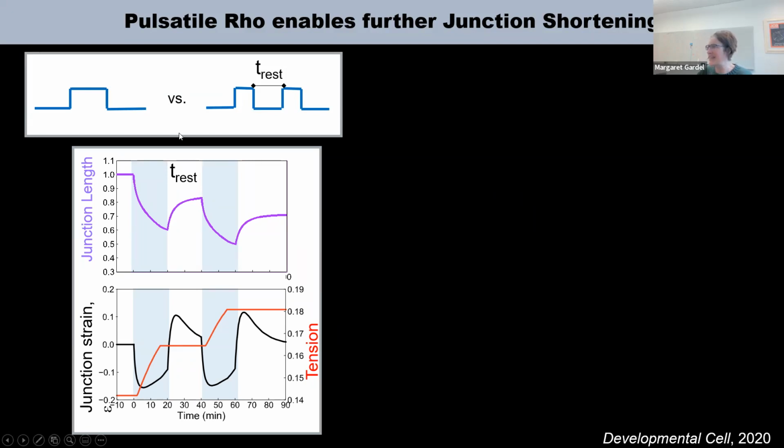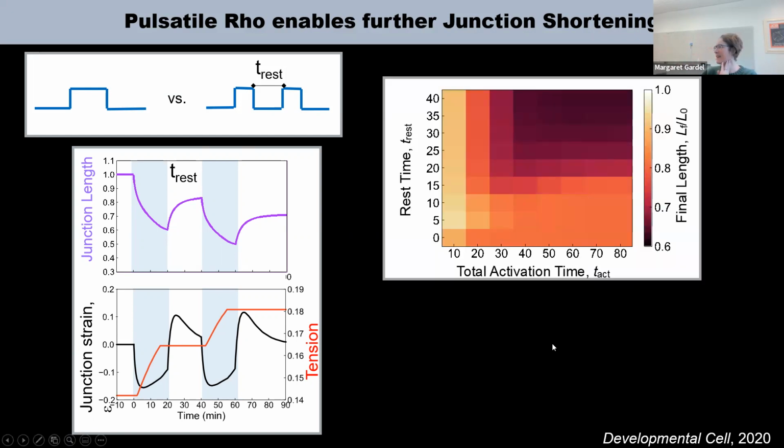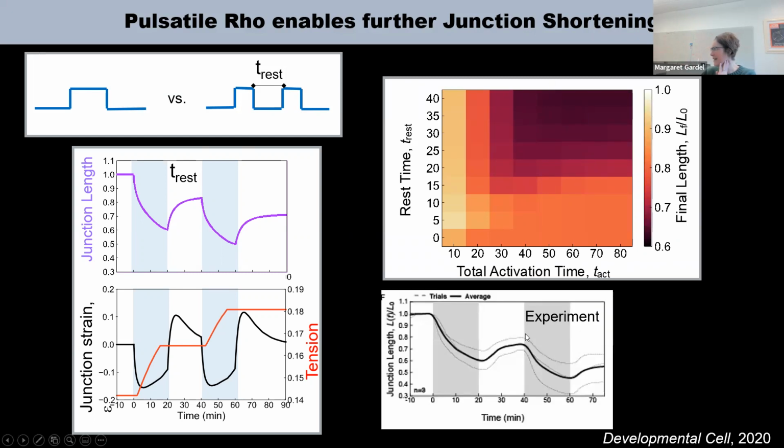And what the model predicts is that if you do break up a very long pulse into two shorter pulses that allow for this remodeling, you should be able to overcome this saturation in the contraction. And so you basically get through two of these acute periods of tension remodeling to allow you to get to a shorter state. And that's what's predicted in the theory, and that's what she's able to see in the experiments.